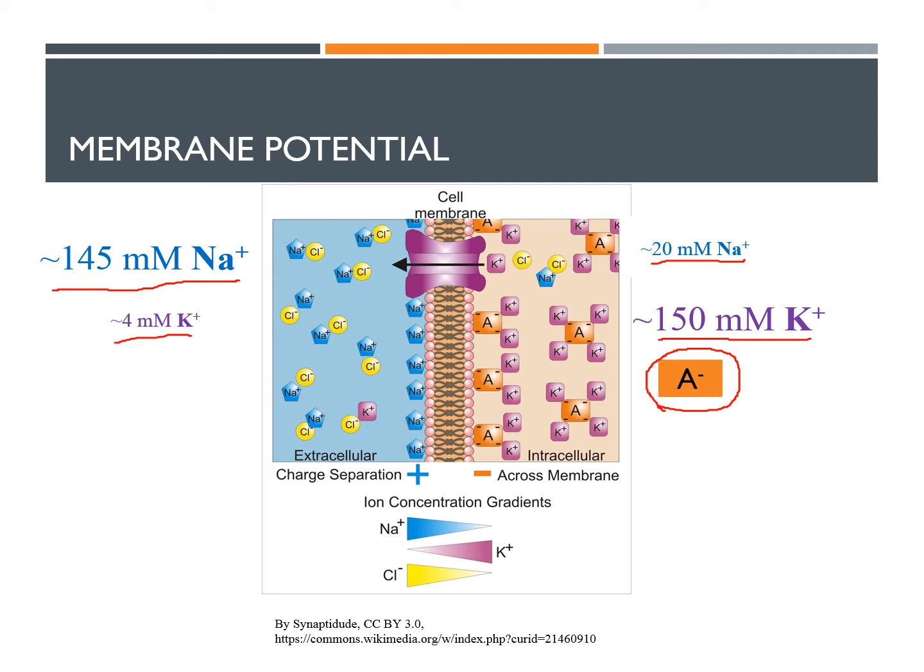They can't cross the plasma membrane. These proteins exert a negative charge, in comparison to the positive charges that we see with potassium and sodium. I didn't really talk about chloride in here because it's a minor component, and I want us to focus on the most important ions here.